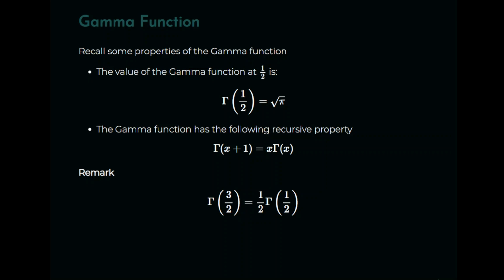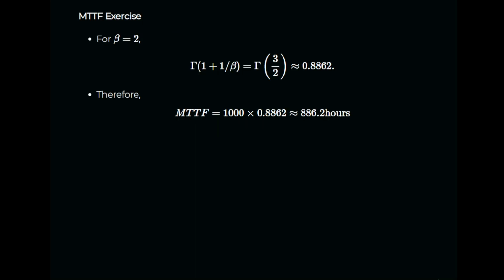Also, we have the recursive property: gamma of x plus 1 equals x times the gamma of x. So just as a quick remark, the gamma function of 3 over 2, where 3 over 2 is 1 plus 1/2, is equal to 1/2 times the gamma function of 1/2. So it should be the square root of pi divided by 2. Bit of calculator work.